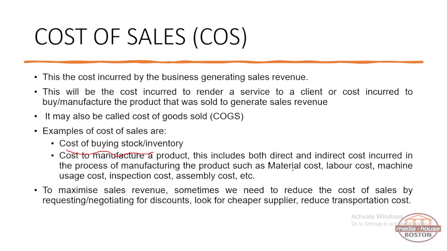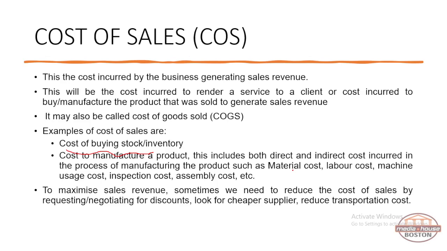To maximize the sales revenue, we need to make sure that the cost of sales is as minimal as possible. So when we buy our stock, inventories or material, we need to look for a cheaper supplier supplying the same quality at an affordable price.